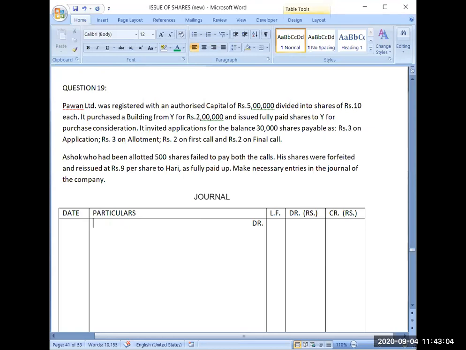So now you are purchasing building. So for purchase of building, the entry will be building account debit, and you have purchased a building for rupees 2 lakh.